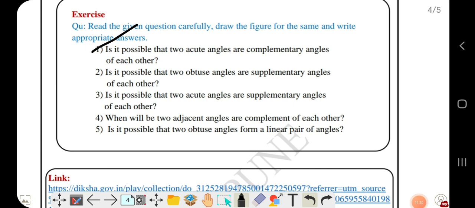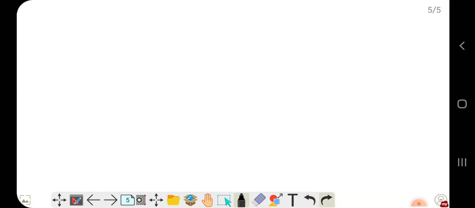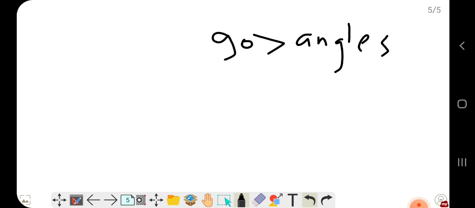Let's discuss first what angles are called acute angles. Acute angles are the angles which are less than 90. These angles are called acute angles.